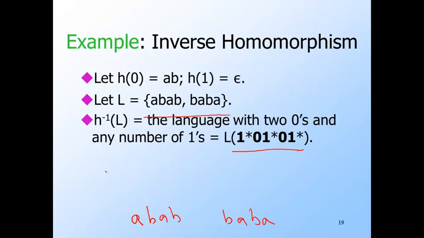A string like 1101101 maps to ABAB. The ones disappear as they go to the empty string, and the first zero goes to that AB, the second zero goes to that AB. But nothing can go to BABA, because a zero, say, has to cover that AB in the middle.